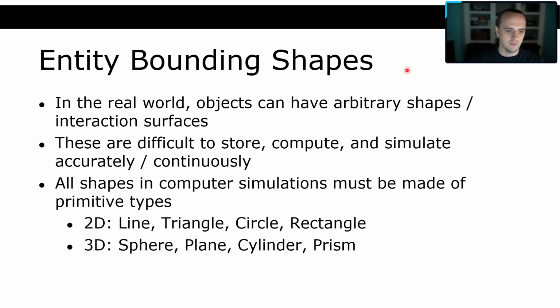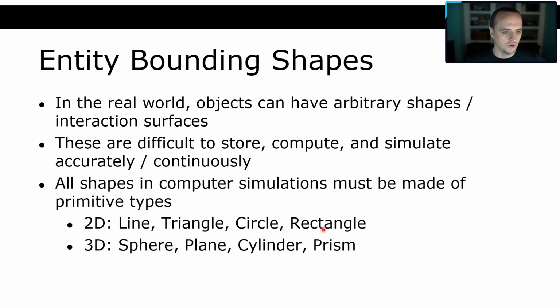So all shapes in pretty much all simulations that you've ever seen are made of primitive types. So in 2 dimensions, we're going to have things like lines, triangles, circles, rectangles, right? These 4 basic shapes. In 3D, you might have things like spheres, planes, cylinders, prisms of various dimension, etc.